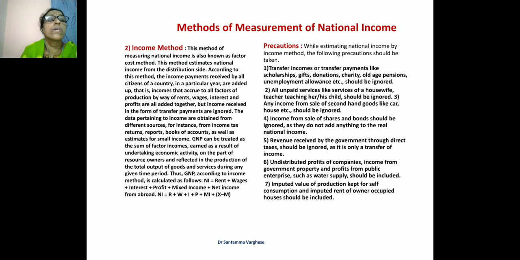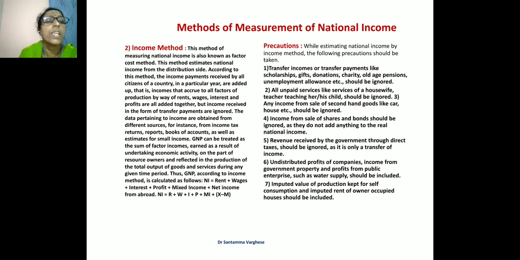The GNP can be treated as the sum total of income earned as the result of undertaking economic activities on the part of resource owners, and also reflected in the production of the total output of goods and services during a given period of time.